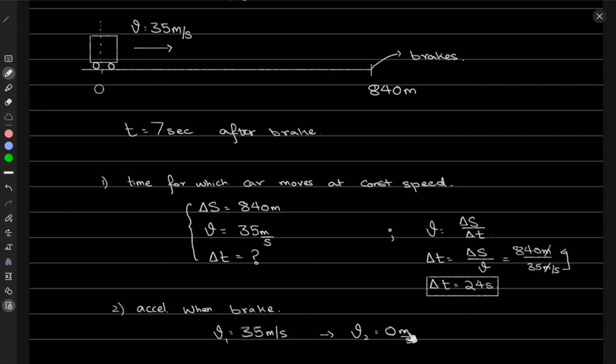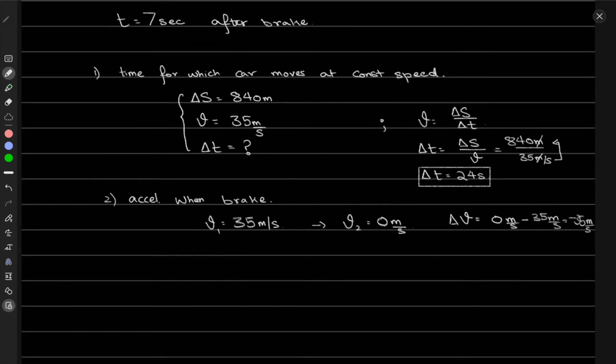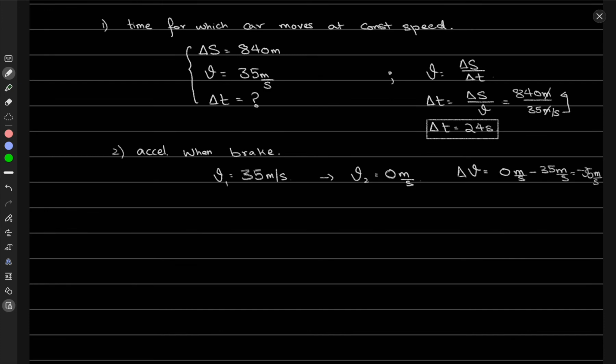Because the car is going to come to a stop, and so it will be covering 0 meters in every second because it's not moving, right? So the change in velocity is 0 meters per second, which is the later velocity, minus 35 meters per second, which is minus 35 meters per second.